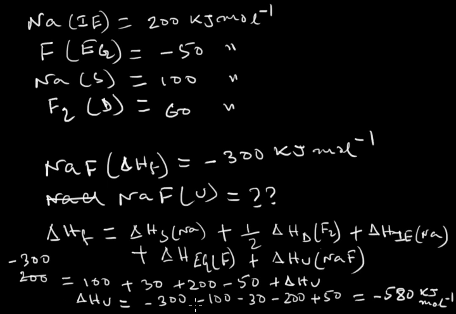Let us check another time. Minus 300 minus 100 minus 30 minus 200 plus 50, that is minus 580 kilojoule per mole. That's all. Thank you.